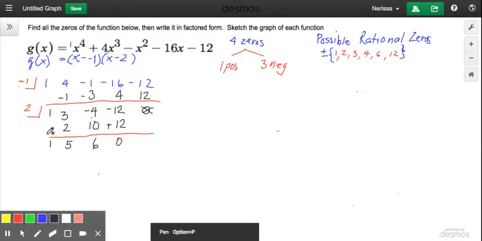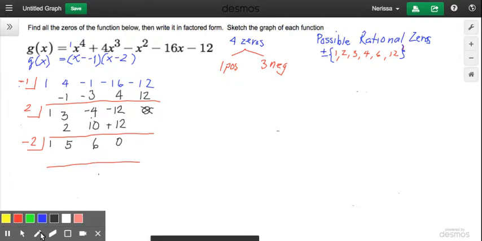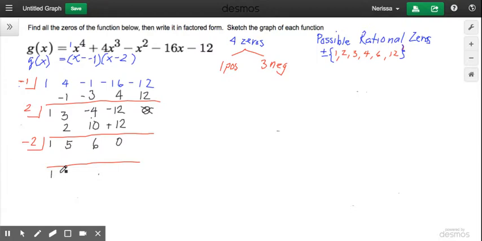All right, so now let's look for the next zero. So 2 worked. So maybe let's try negative 2. Maybe negative 2 will work. Okay, so we bring down 1. 1 times negative 2 is negative 2. 5 plus negative 2 is 3. 3 times negative 2 is negative 6.